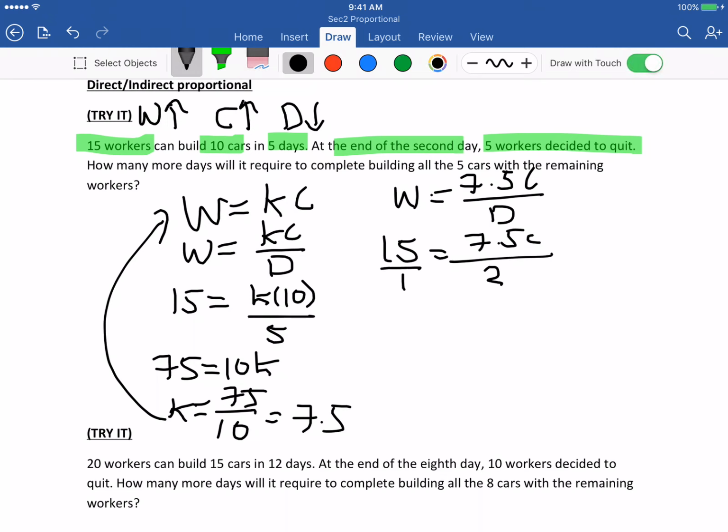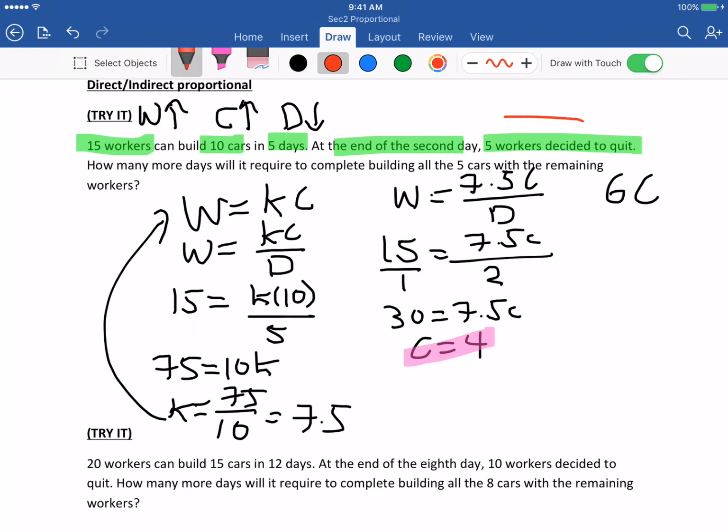Cross multiply becomes 30 equals to 7.5 C. C equals to 4. So means in the first 2 days, 4 cars were completed. So how many cars were left uncompleted? We have 6 cars left uncompleted.